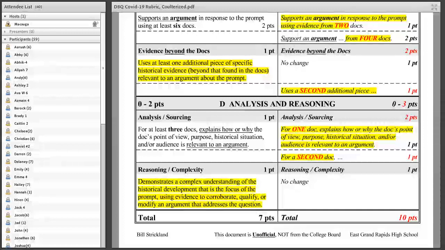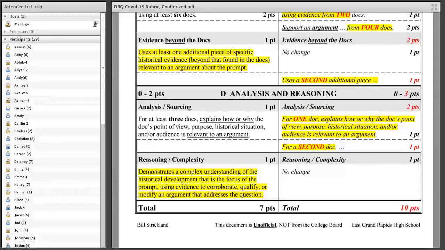But if you found a counter argument within the documents, that would lend itself beautifully to the complexity point. So I don't want to focus horribly on that complexity point, but I would really want you to try to have a counter argument. It's going to be difficult in the time frame allotted, right?